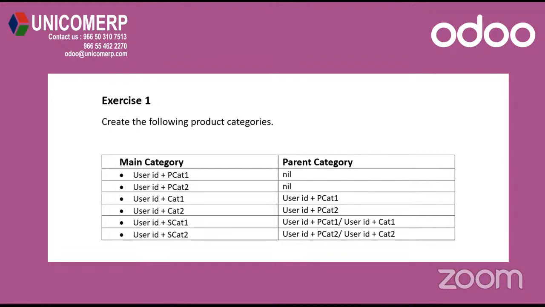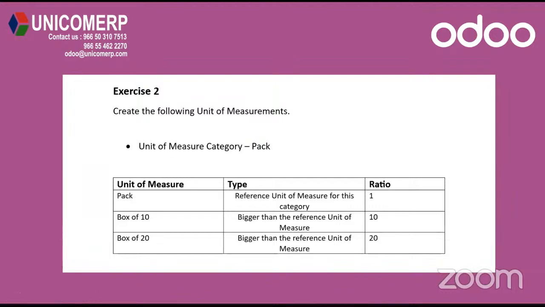For all category names, you can enter your user ID as a prefix. The next exercise is regarding the creation of units of measure. There is one unit of measure category to be created and 3 units of measure to be created under that particular category.